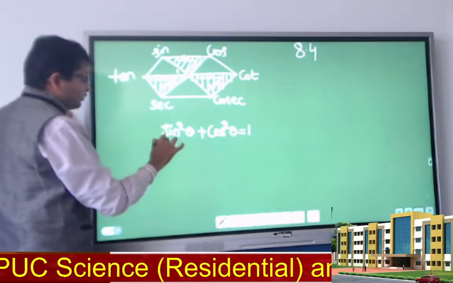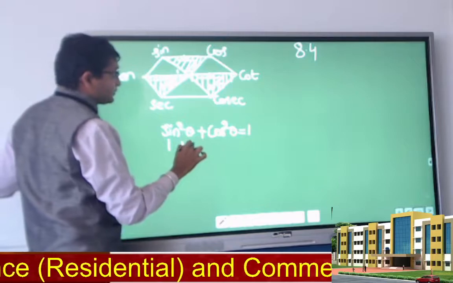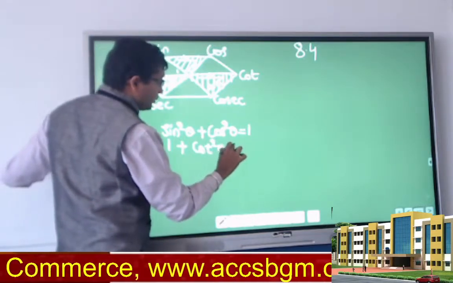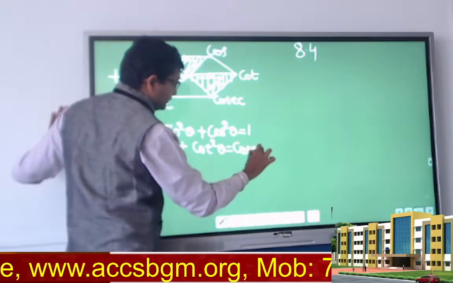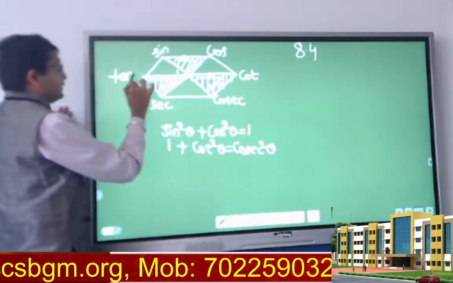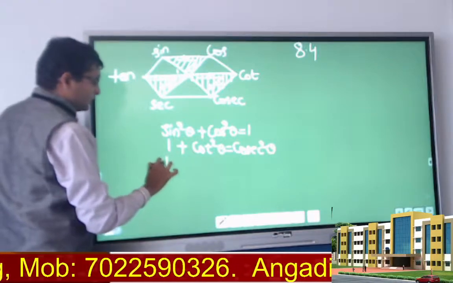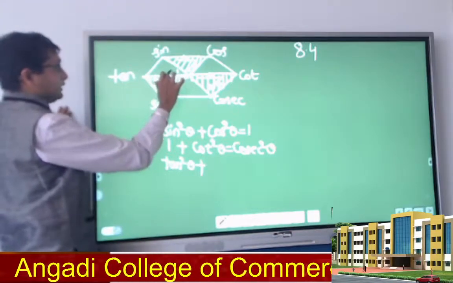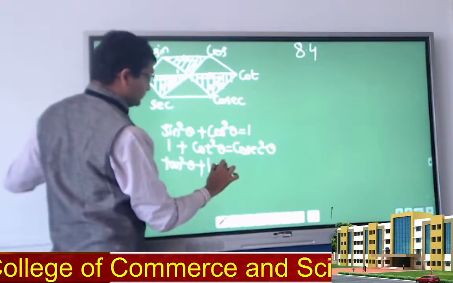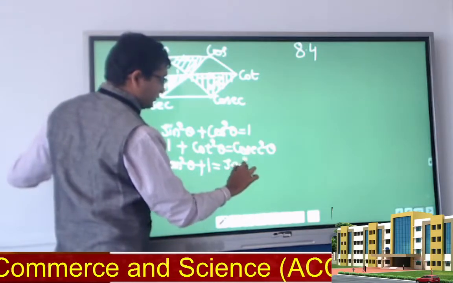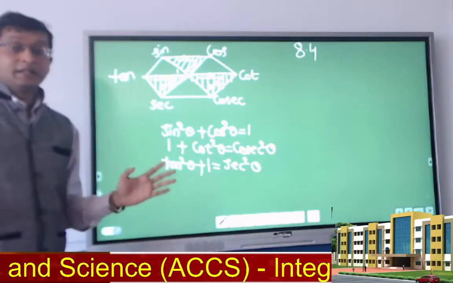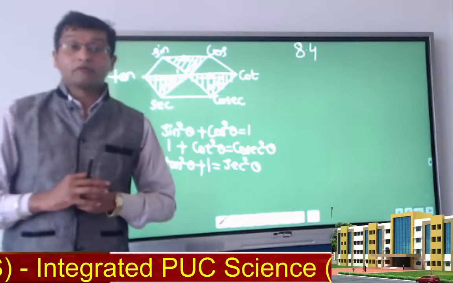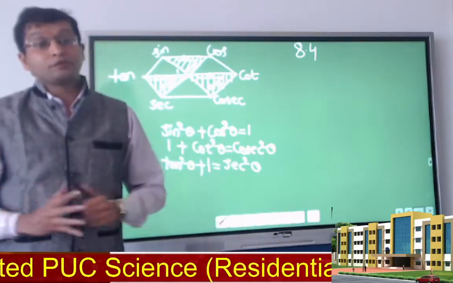Next, 1 plus cot square theta equals cosec square theta. That is the second. The third one: tan square theta plus 1 equals sec square theta. These three trigonometric identities you are going to use in 8.4 and in many of our problems.